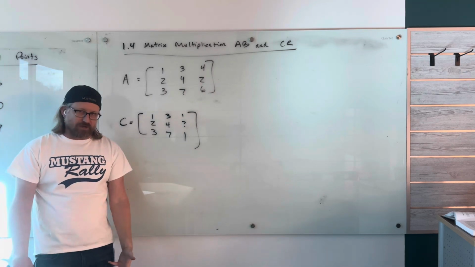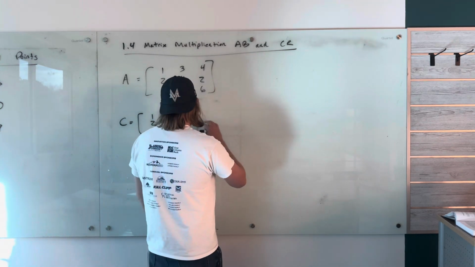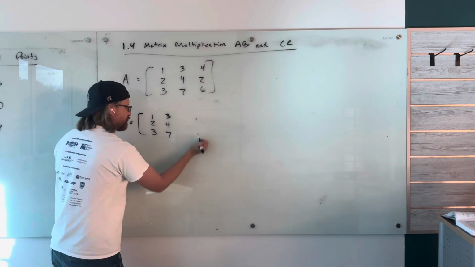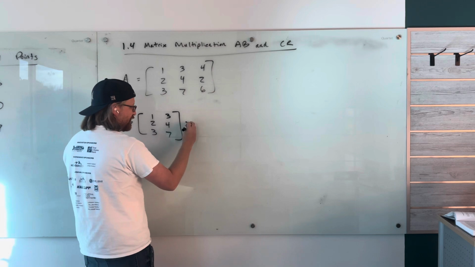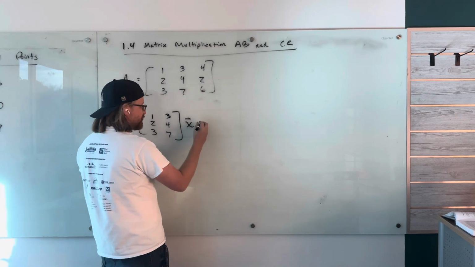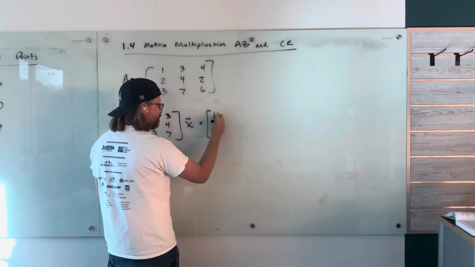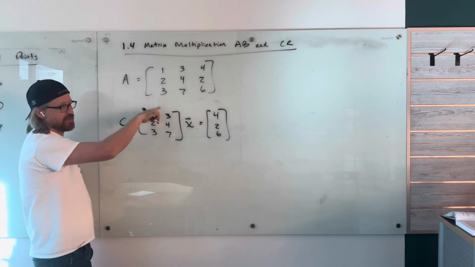Now, the way we're going to break these problems down is along this mindset: if I take just these 2 columns that we know are linearly independent, we're asking ourselves, if I multiply them by some vector x, is it possible to get 4, 2, 6 as a result? Is 4, 2, 6 in this space?